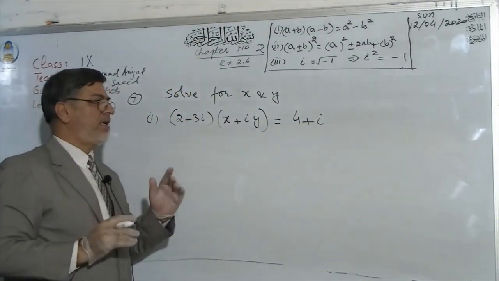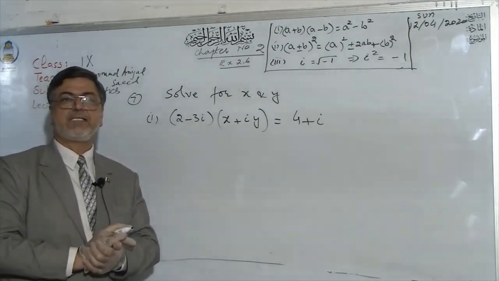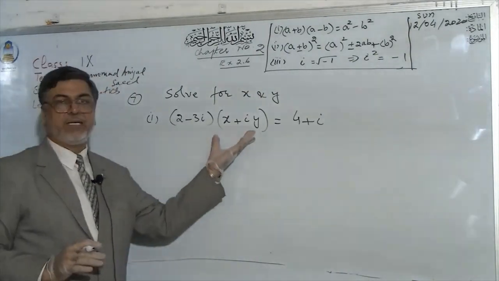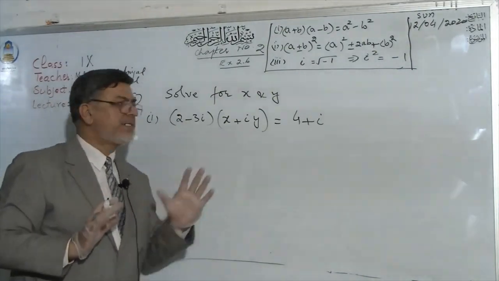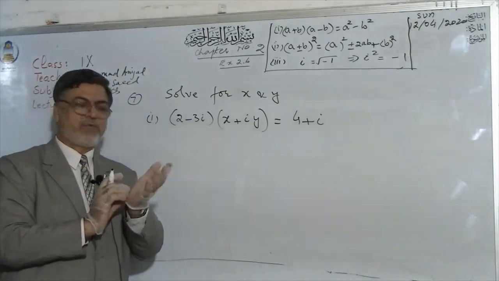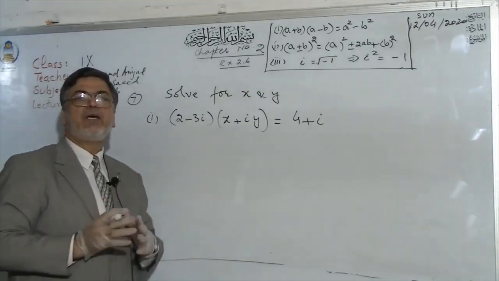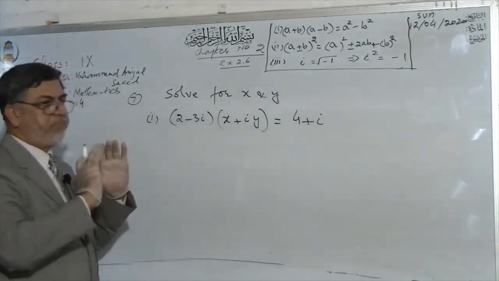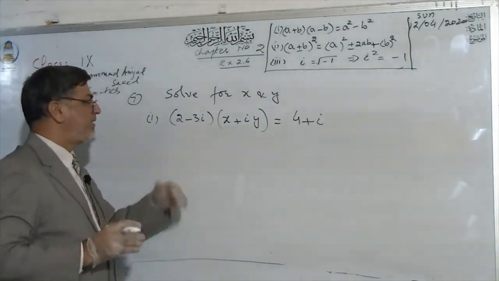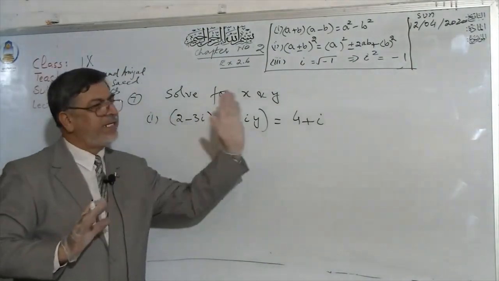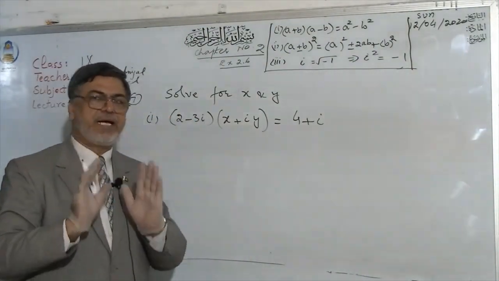Remember that the last question of your exercise 2.5 was exactly similar. You can understand this question very easily with the help of question number 5 of your exercise 2.5. That was the comparison method, and you have to find the values of x and y. First of all, we have to write left and right as a single complex number.